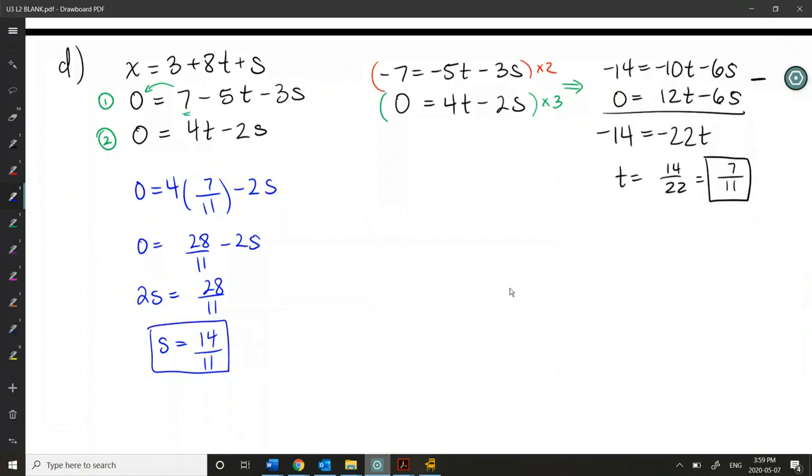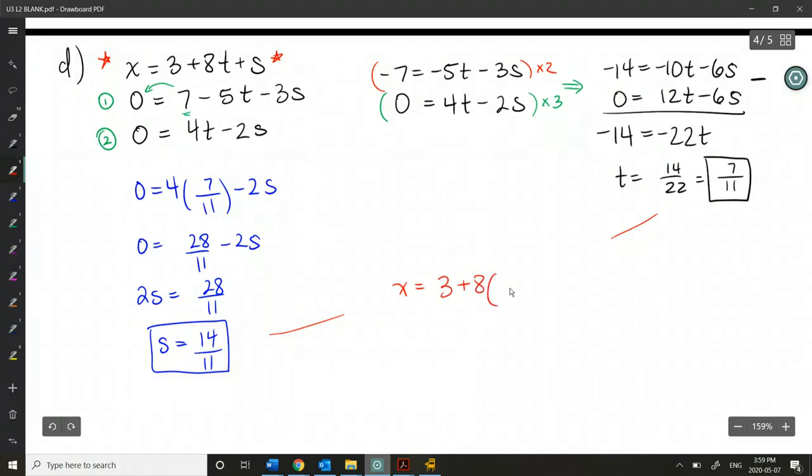And since we've solved for those for where y and z are equal to 0, we're going to sub this back into the equation for x. So given these two pieces of information, we can now figure out our x-intercept. So we're going to sub in 11 over 7, and this will really just be 14 over 11 because it's 1s.